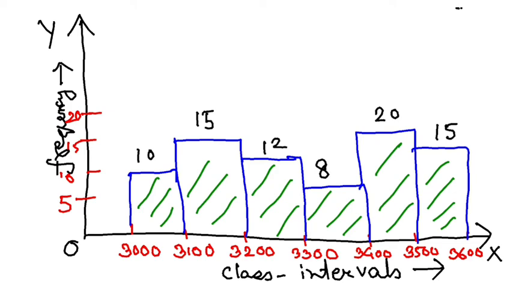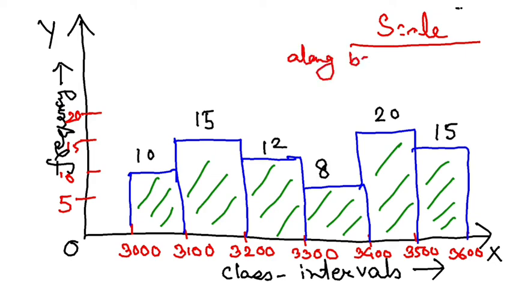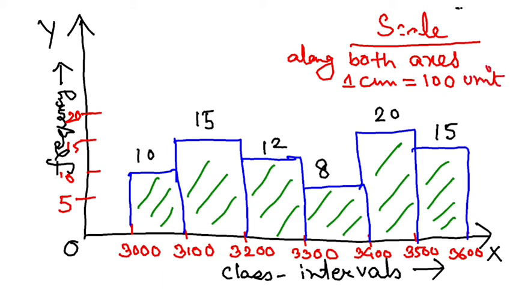Okay, now there are two important things here. One, here in this corner you have to write the scale. Scale means what you have done in both x-axis and y-axis, so you will write along both axes, right? So you have taken 1 centimeter, 1 centimeter. Along x-axis you have taken 1 centimeter as 100 unit, right? Okay, so there's a mistake here.